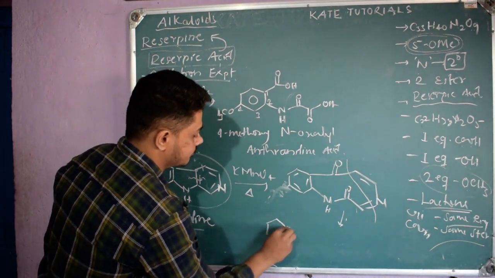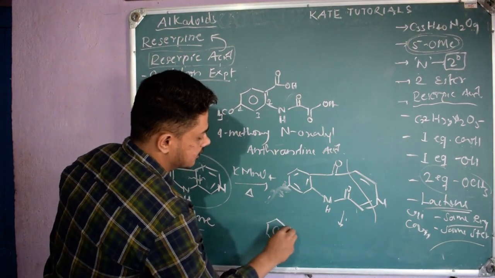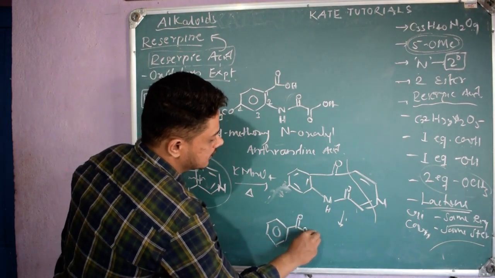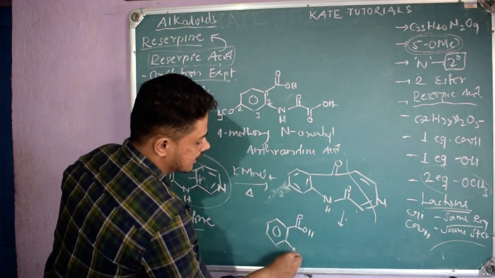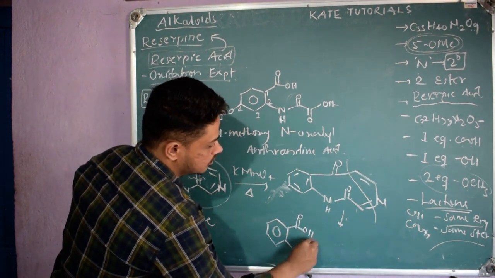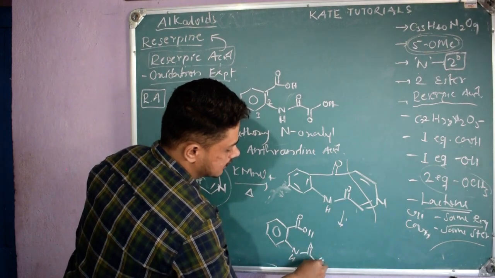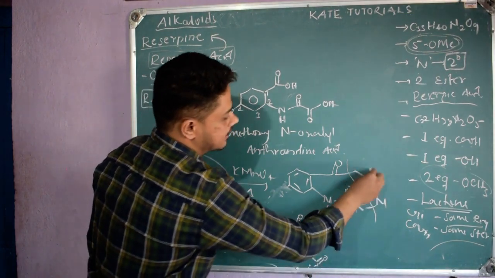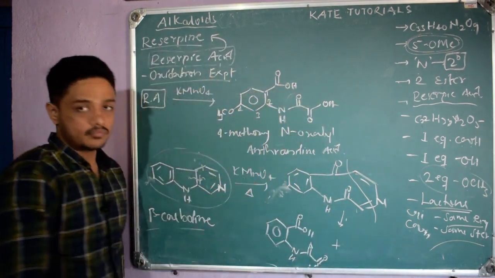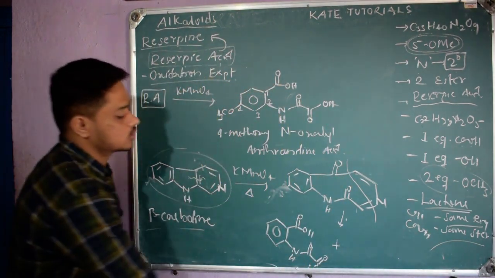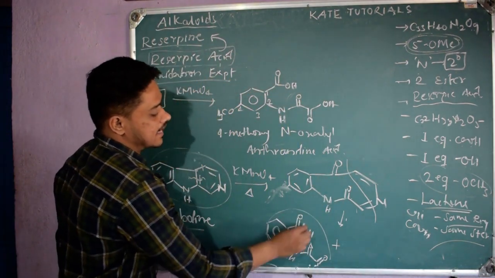See, benzene ring here. Now here they got COOH, as this bond is broken by this KMnO4, and here they got NHCO, this bond is broken, again COOH, and these two carbons and this nitrogen went off like gases, right? So they got this structure which was the same as this structure.